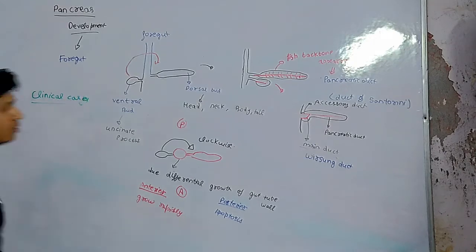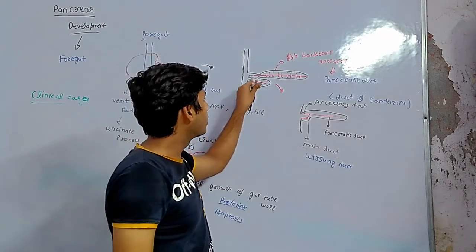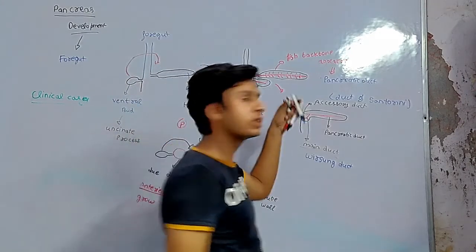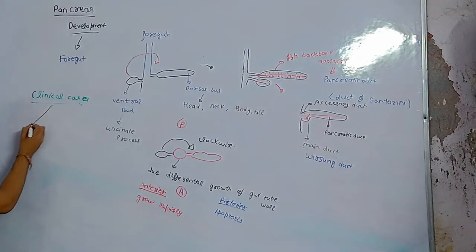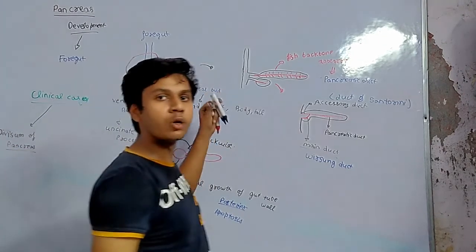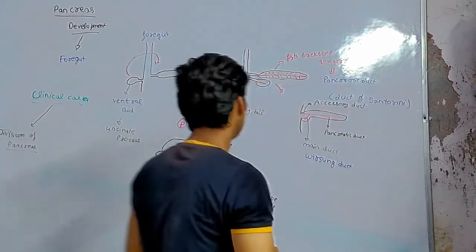One is pancreatic division, when sometimes the ventral bud fails to fuse with the dorsal bud. What cases? Sometimes the ventral bud fails to rotate, or sometimes if it rotates, it fails to fuse with the dorsal bud.